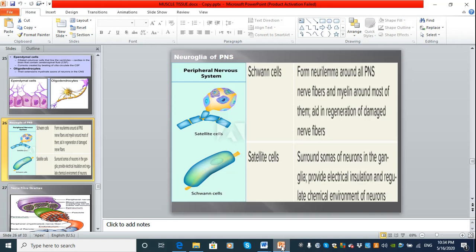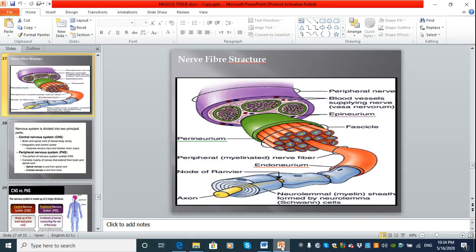This is the main function. Satellite cells surround the neuron body, provide electrical insulation, and regulate the chemical environment of neurons. I have a cartoon diagram about the nerve fiber structure.